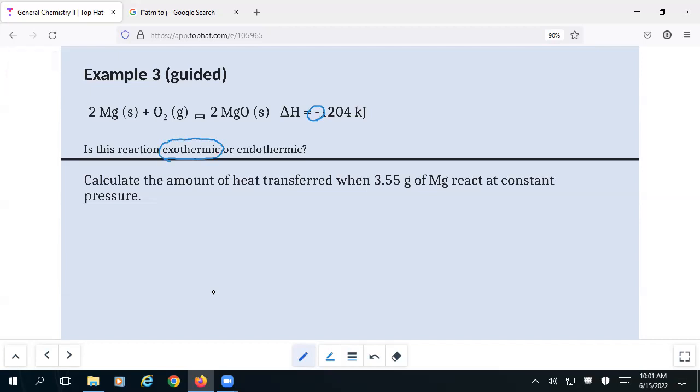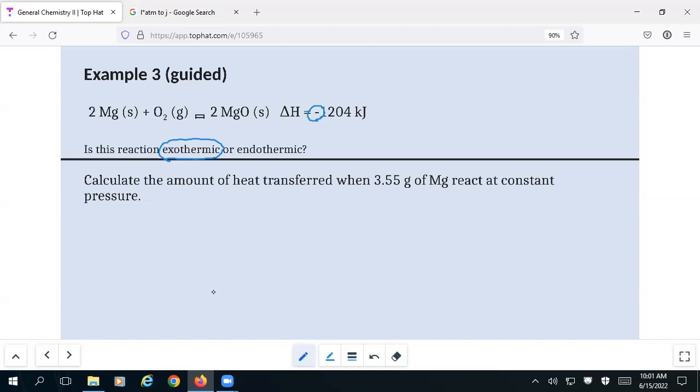Energy is being released by this process. And if you've ever watched magnesium burn, you know exactly why. That reaction generates lots of heat, lots of light. It's a very energy-giving reaction. Calculate the amount of heat transferred when 3.55 grams of magnesium react.